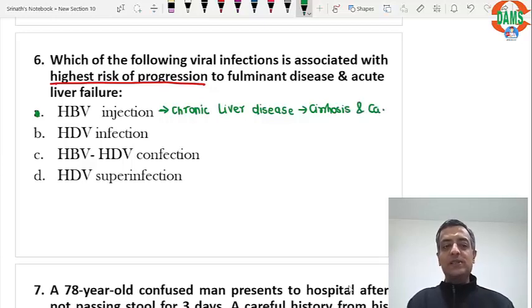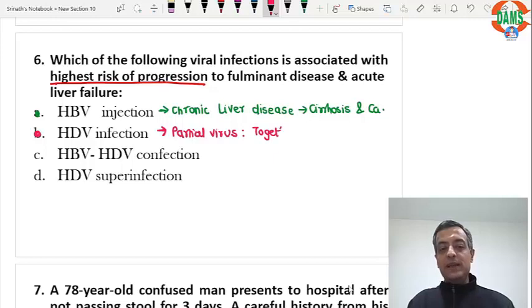But HDV is a partial virus. Hence, it can cause infection and symptoms only together with hepatitis B.